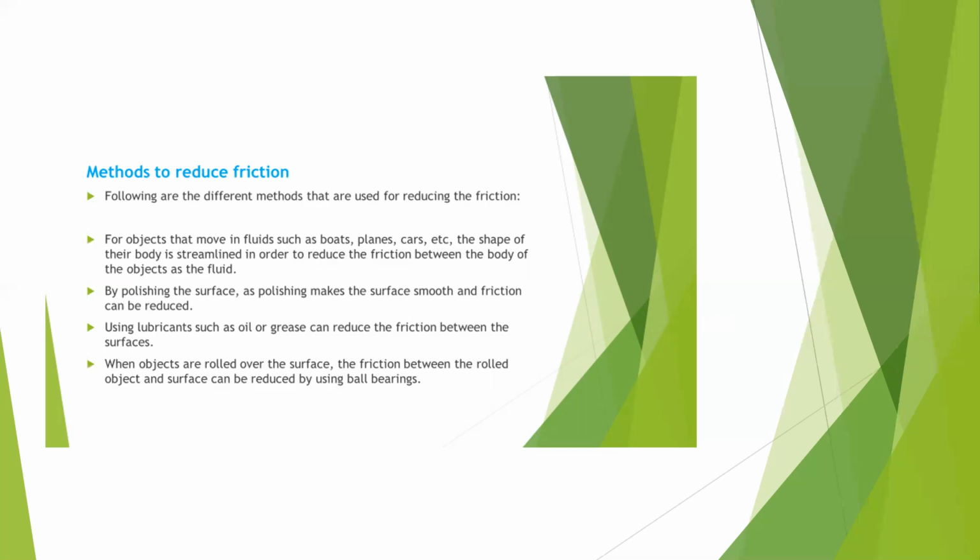There are 4-5 methods. First, the boats, planes, cars, all these vehicles, when they are moving, the frictional force acts on them. To avoid that, the designs of the car, plane and boats are made in such a way that it is easy to move through the fluid, reducing fluid friction.